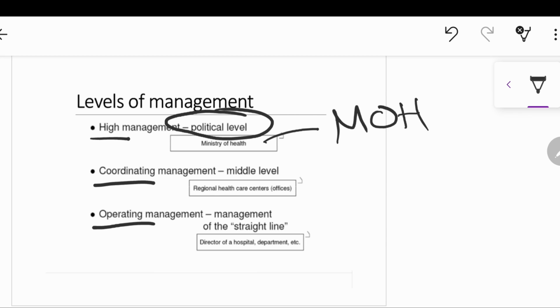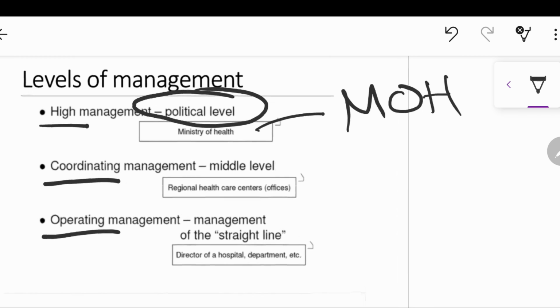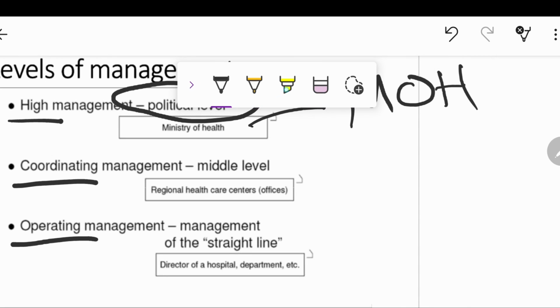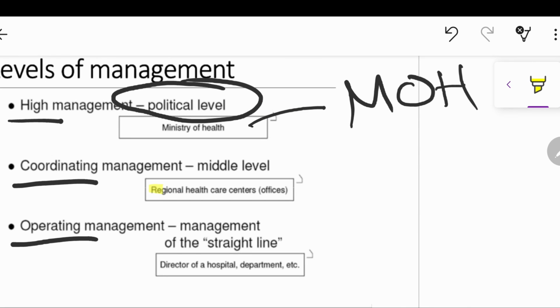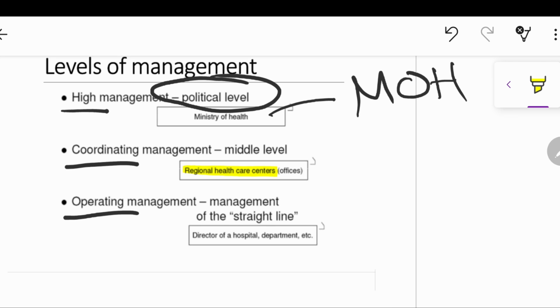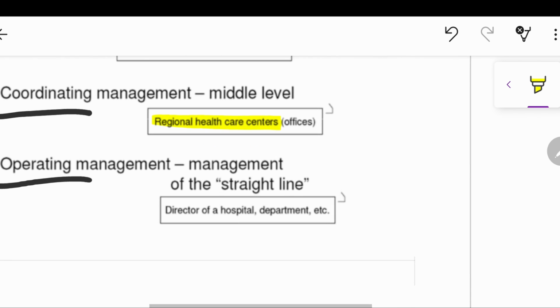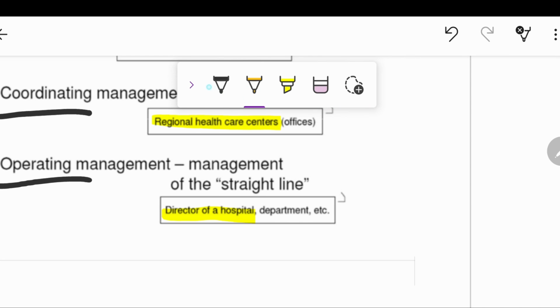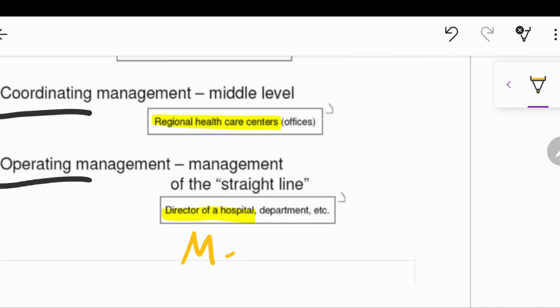Next, on the middle level, coordinating management. This can be applicable for the regional healthcare centers. And finally, the operating management. Operating being the rector of a hospital or rector of the medical establishment.